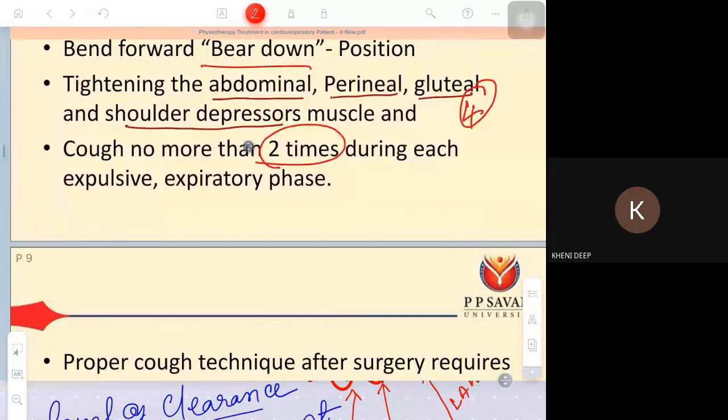This point needs explanation. The patient has to cough no more than 2 times. What is the reason? Why should he not cough more than 2 times?